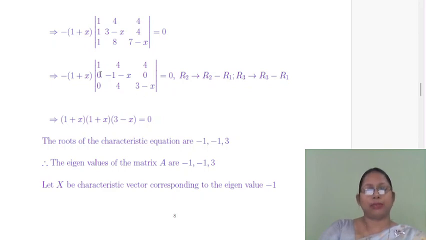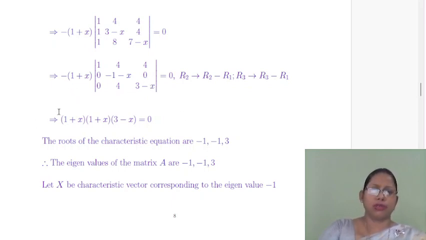Now expanding this determinant along the first column, we will get a second order determinant. Cross multiplying, we get this equation. That is, if I take minus common, it is 1 plus x into 3 minus x, and this will be 0.